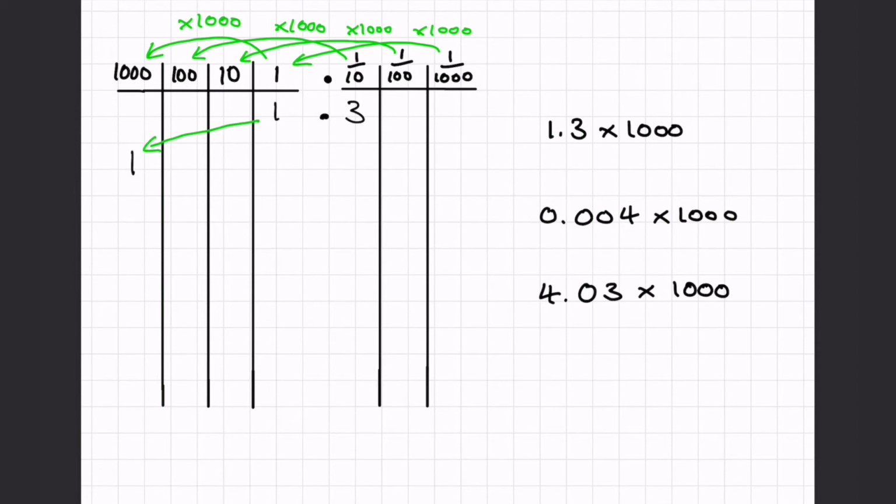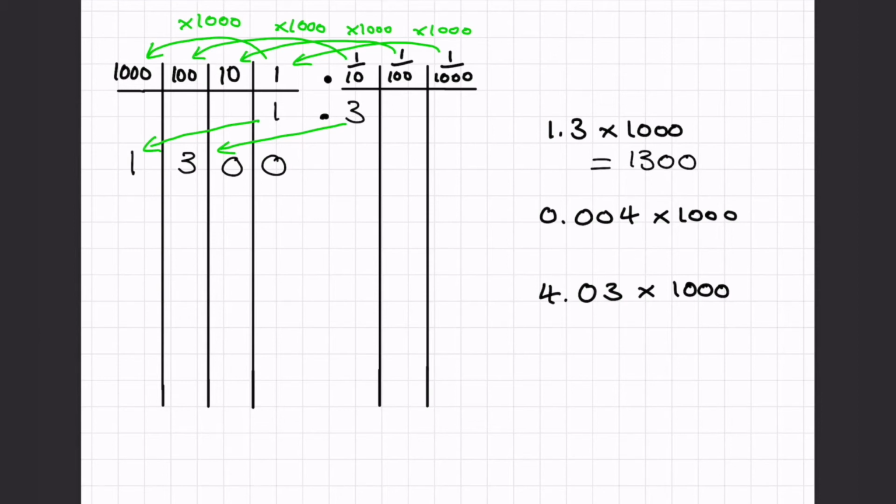So the 1 has moved there, and of course the digit 3 follows suit and moves from the tenths column into the hundredths column. And then we now need to put in a nought for the tens column and a nought for the units column, so that we know that that 1 represents 1,000, and we know that the 3 represents 3 hundreds.